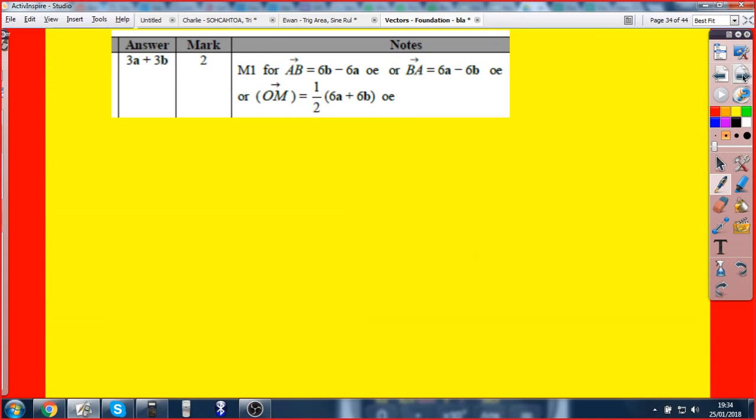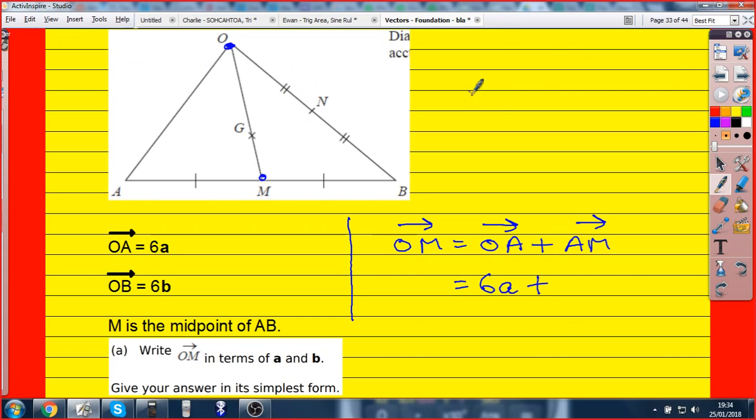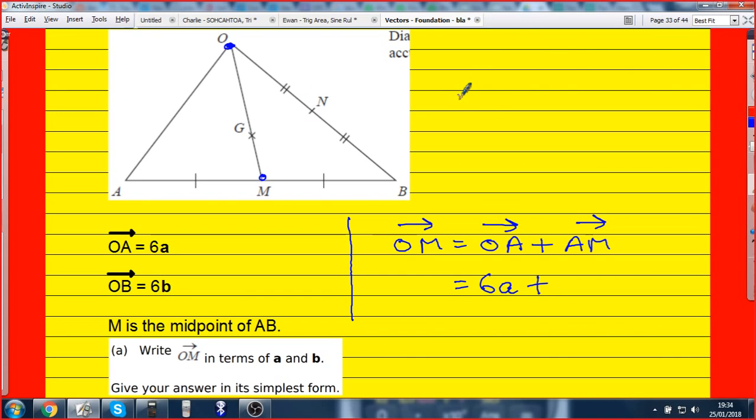Let me just check something. 3A plus 3B. O to M. What was this one about? Looks like it cut out some of the question. All right, let's see if hopefully I got it right.